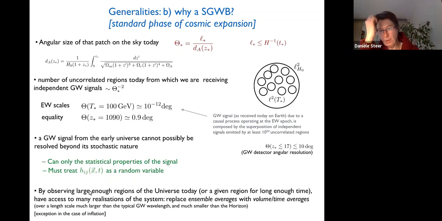Now, of course, we only have one universe, but if we observe large enough regions of the universe, or a given region for a long enough time, we in principle have access to many realizations of the system. So what we can do in practice is replace the ensemble average with volume or time averages. That's the way we're going to approach this problem.